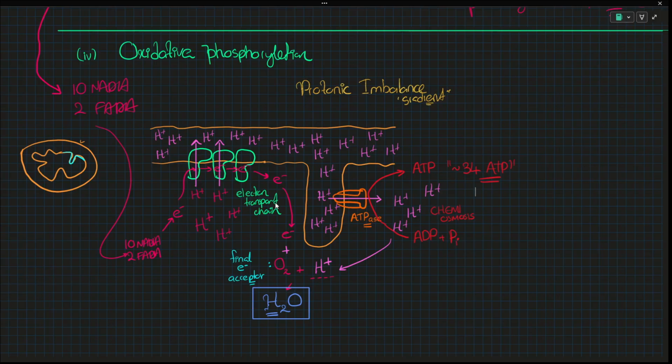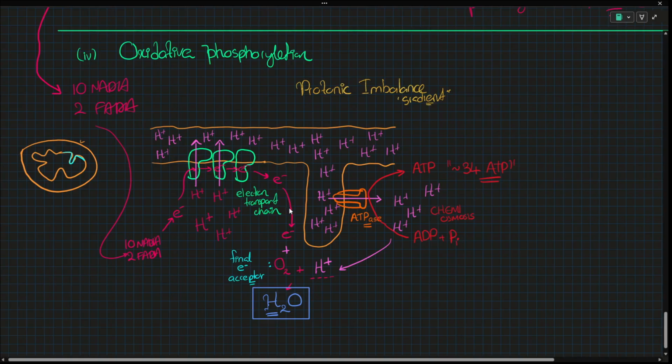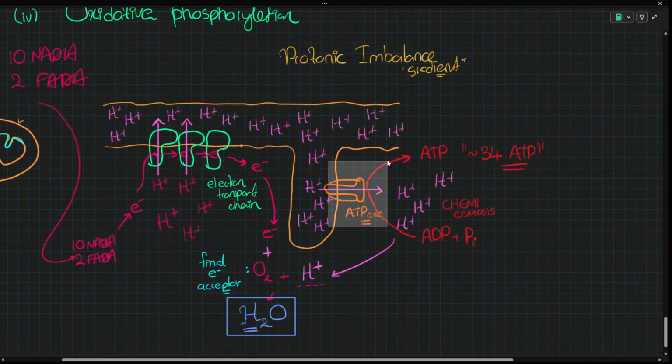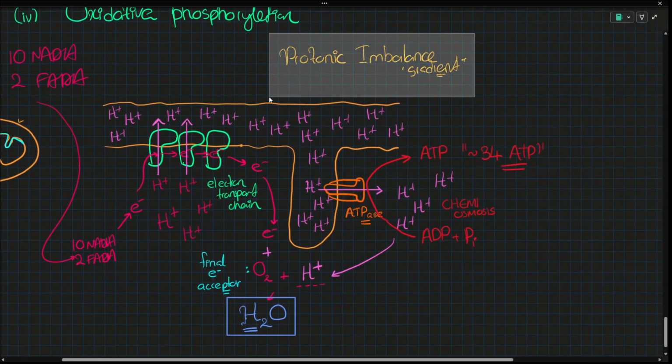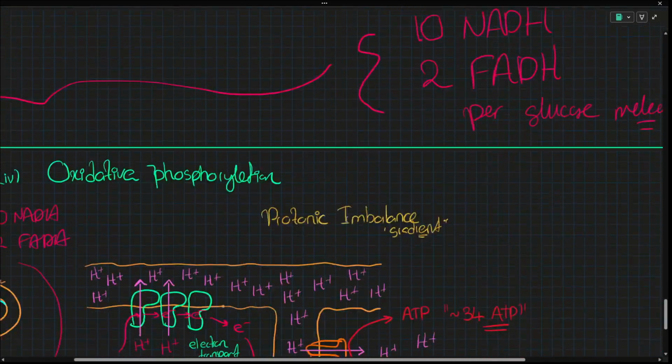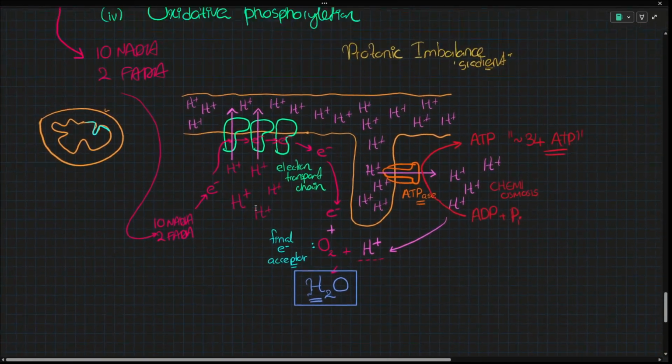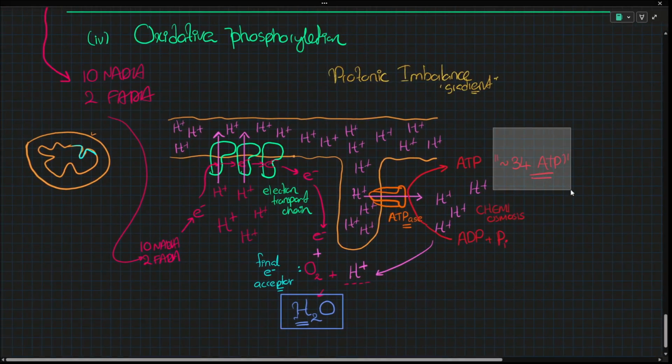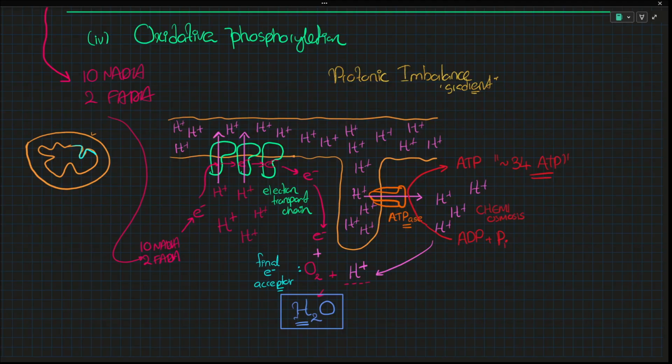So the ultimate goal of respiration is simply to produce ATP, so energy in the form of adenosine triphosphate, which we have successfully done thanks to this ATPase enzyme, protonic imbalances, coenzymes, and all previous reactions thus far, producing a final rough amount of about 34 ATP from all these coenzymes coming from one glucose molecule broken down into two pyruvates.